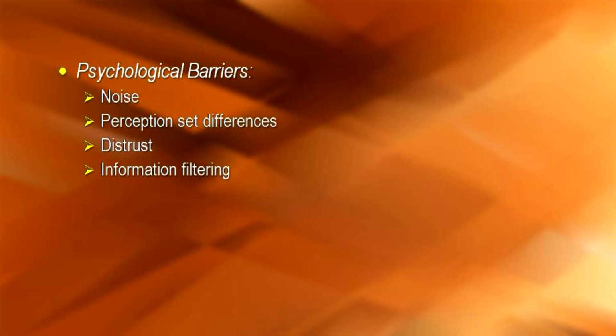Then another thing is perception set differences. If I give you examples that you don't relate to, or you think that these are not correct, then there is a difference in my understanding, my perception of the world, of the way things are, of the society, and your perception of understanding. So here, this difference in understanding between the source and the receiver will also become a barrier.